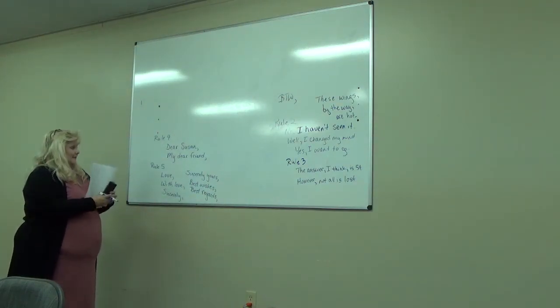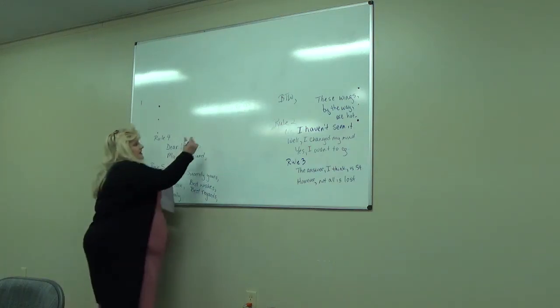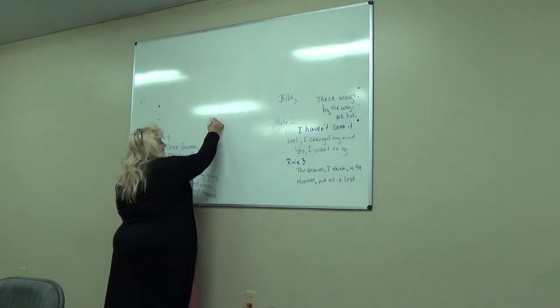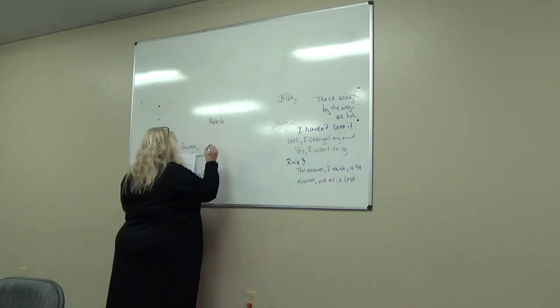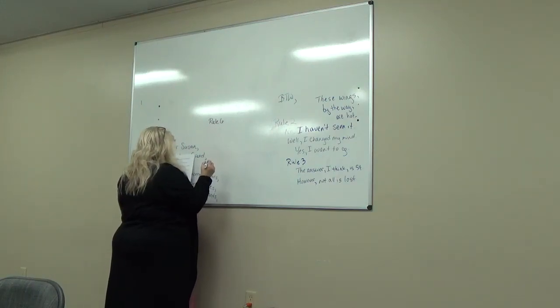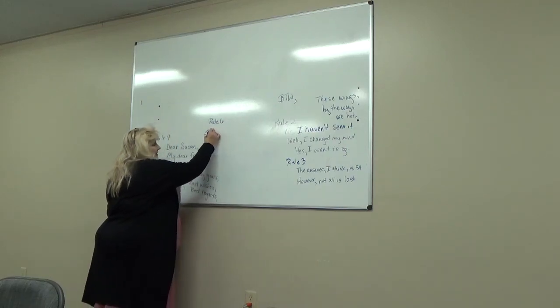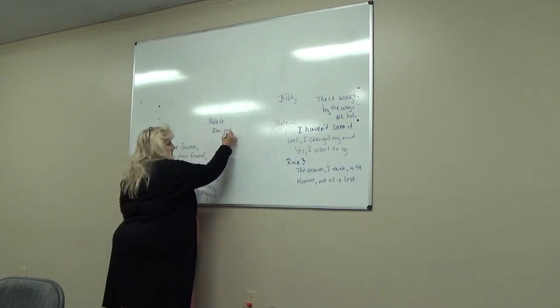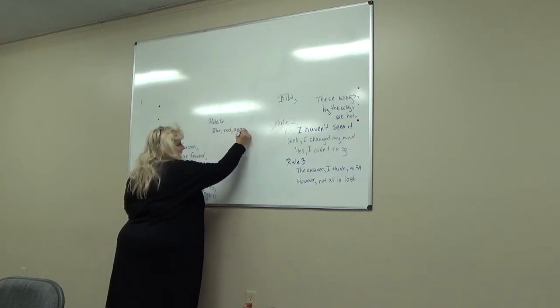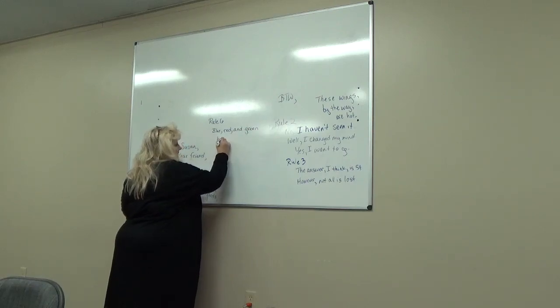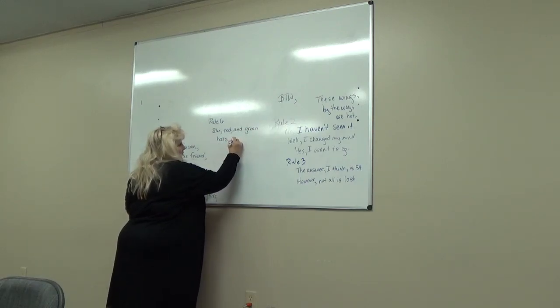Rule 6. This is the one that tends to trip people up. So rule 6 is you're going to have a comma to set off words or phrases in a series. So if I say blue, red, and green hats are on display.